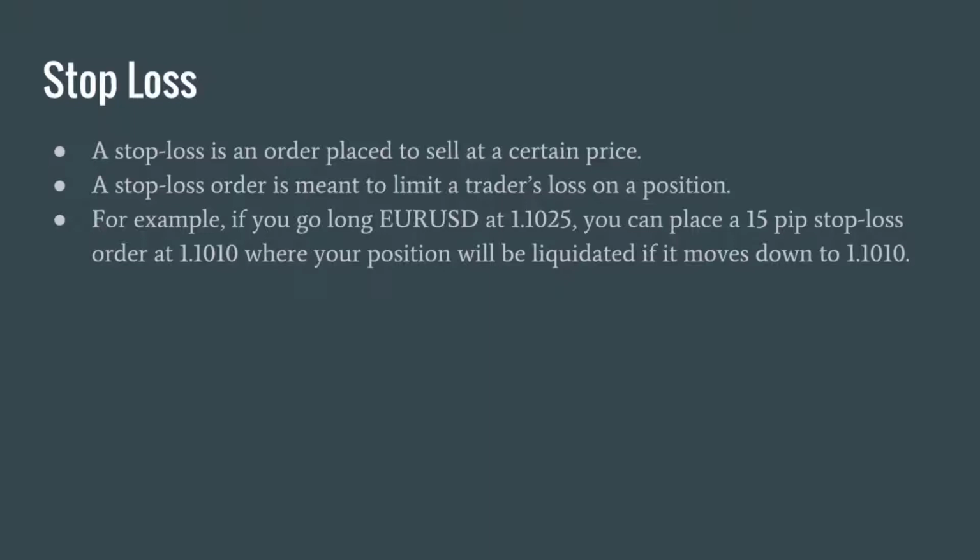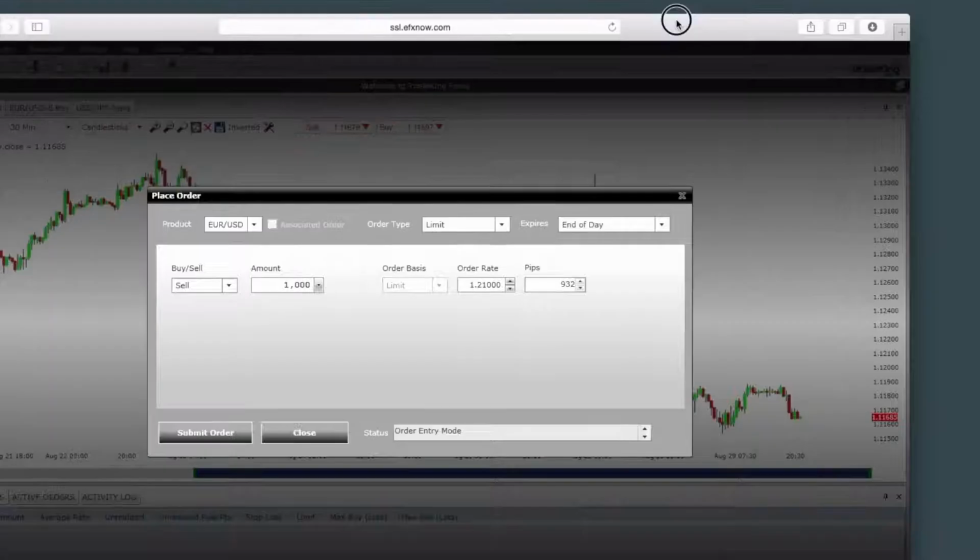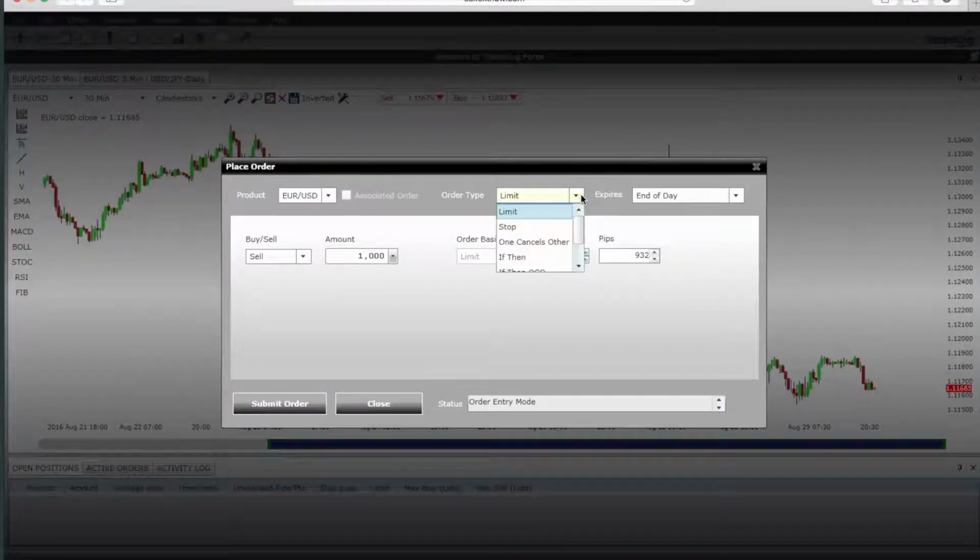So again, I'll pull up our order screen so we can look at an example. Here it is, a stop loss order, just says stop in this case. Let's say you've already bought the euro-dollar pair, you own 1,000 units of it. When you come to the stop loss order screen, obviously it's going to be a sell order. As you can see, it is a stop order here.